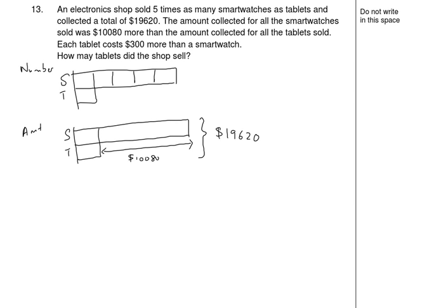This is clear? Okay. Now, can I find the amount collected for smartwatches and the amount collected for tablets? I can, right? Supposedly, I want to find the amount collected for the smartwatches. It will just be 19,620 plus 10,080 divided by 2, right?